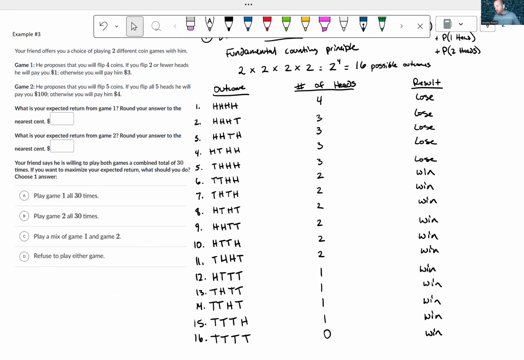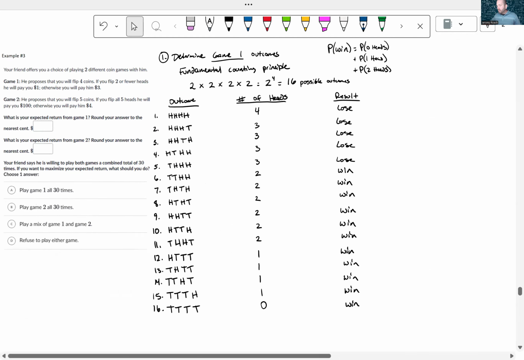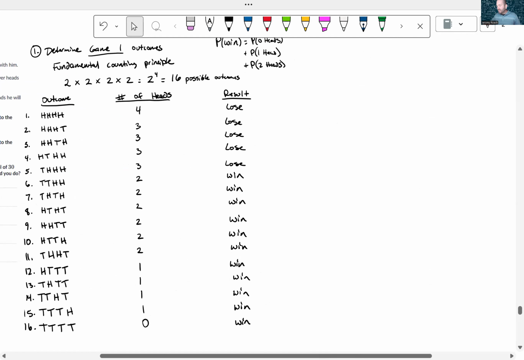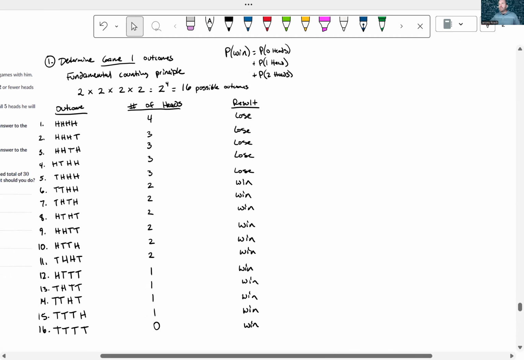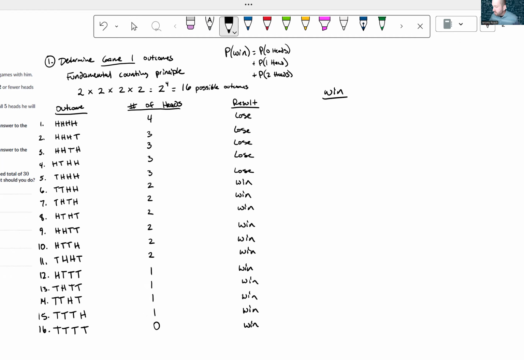You might want to take a screenshot of this to save it, or if you want to look it up yourself, you can. But I think it's probably going to be helpful if we can take a look at this while we're working on these here. Okay, so let's divide this up again. So if we win, that's 2 heads or less. If we lose, that's 3 heads or more.